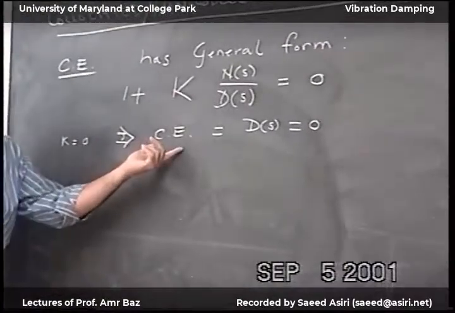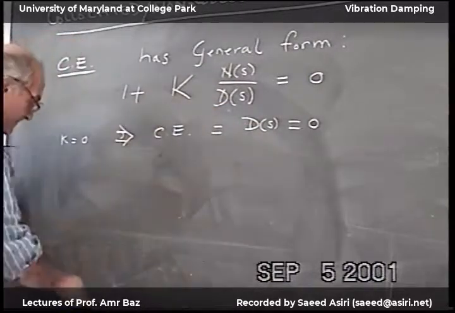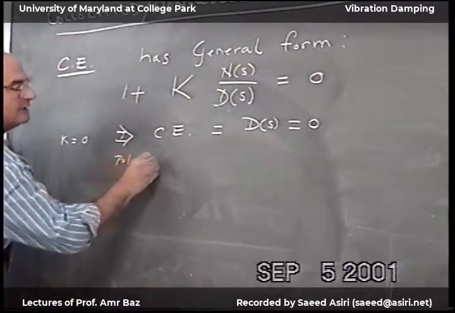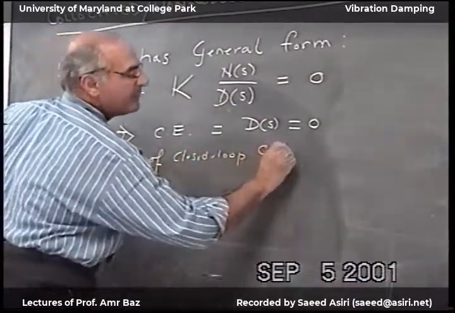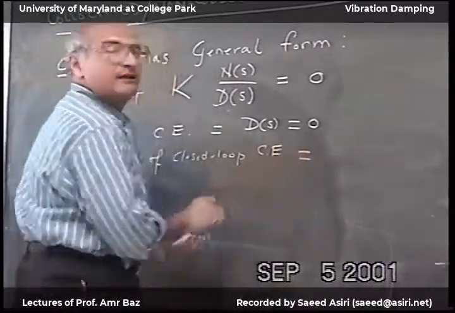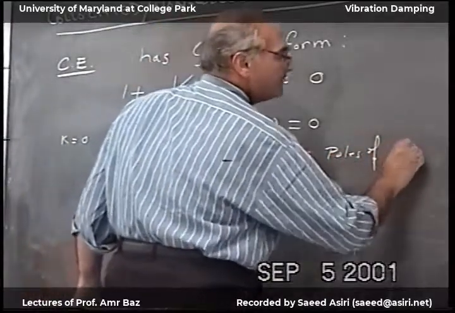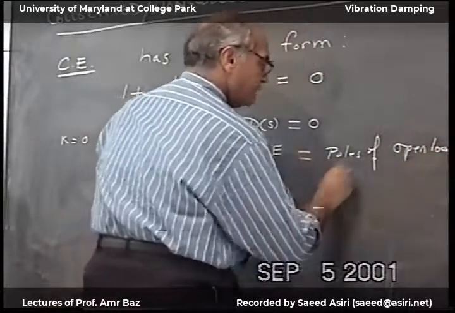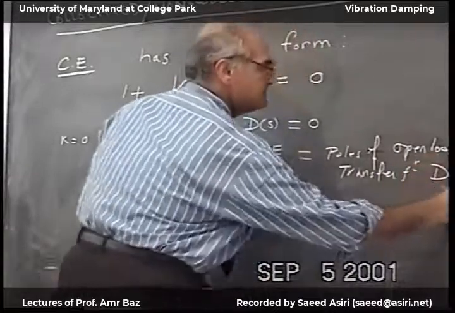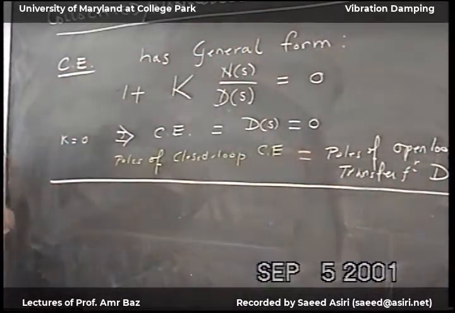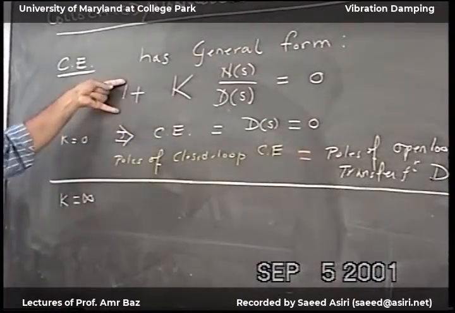Then the roots of the characteristic equation are the poles of the open loop transfer function. The poles of the closed loop characteristic equation equal the poles of the open loop transfer function D. And then the second case, when we put k equal to infinity, I'm going to flip these two over here and then put k equal to infinity.